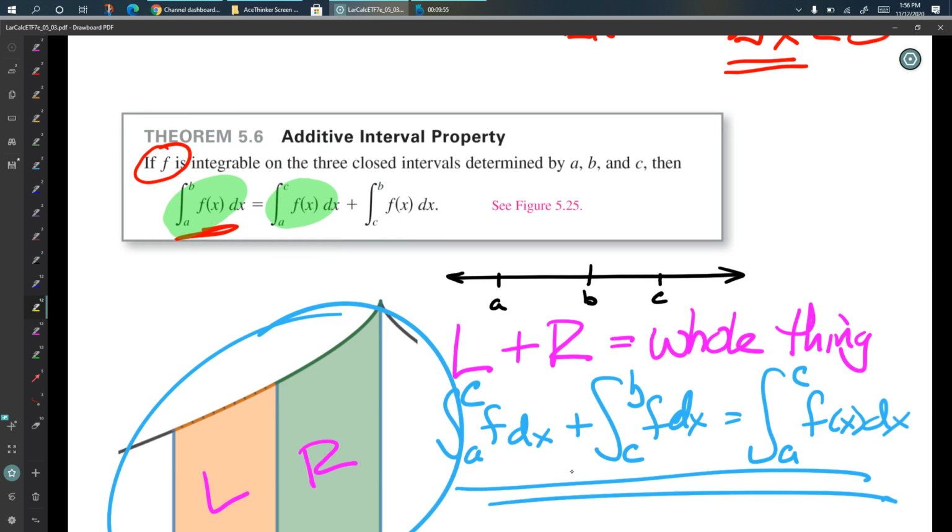A to b would be just this piece. A to c would be all of this, and then here's the tricky one. C to b would be this piece, but going backwards. And because it's going backwards, it'd be negative. So then the yellow minus the pink would give you the green. Right? But we rarely see that application of it.